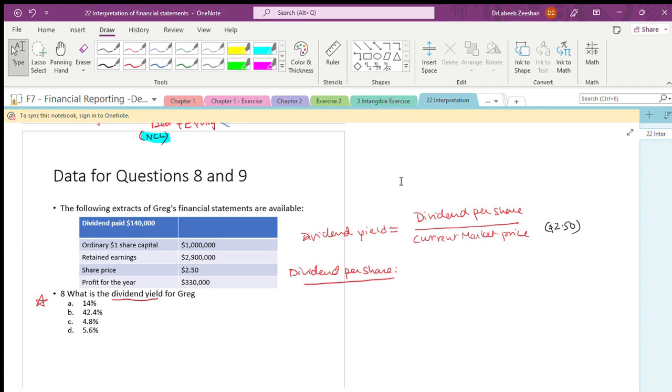Retained earnings, profit for the year. Where are dividends?